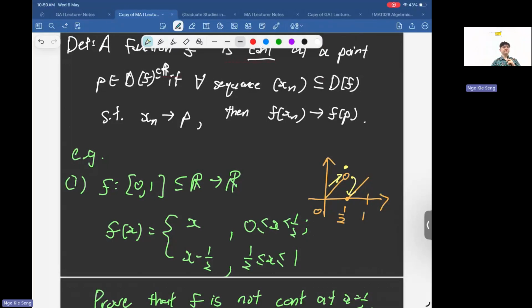You won't jump down here. Okay, makes sense? So from this picture, if you pick your an over this side, then you will have something wrong, because your f of an will definitely go to 0. And then it doesn't meet your purpose.